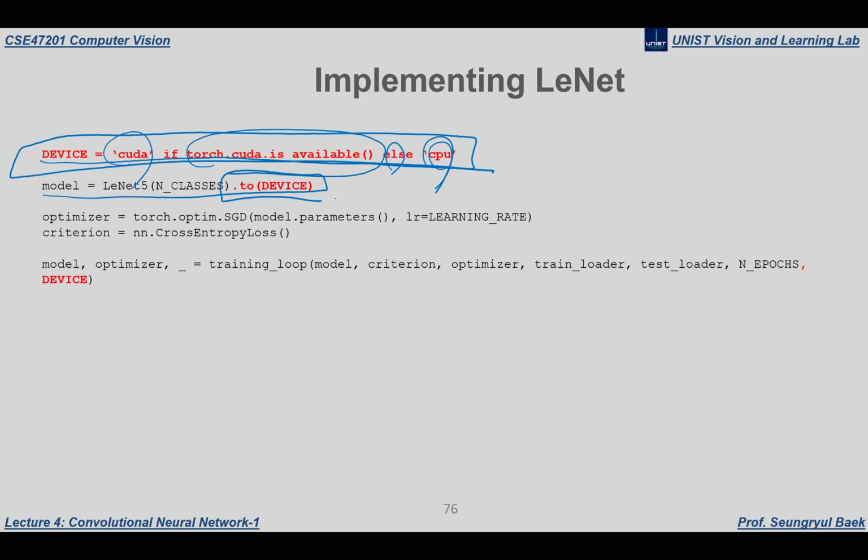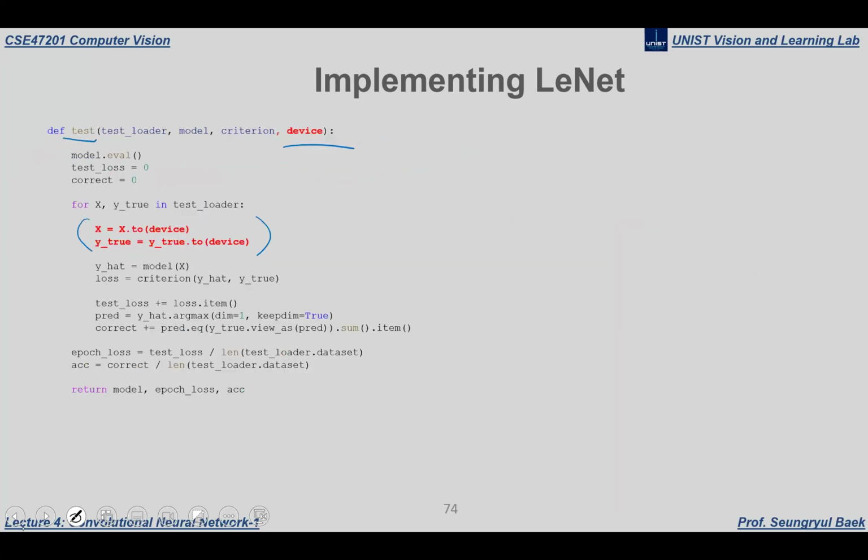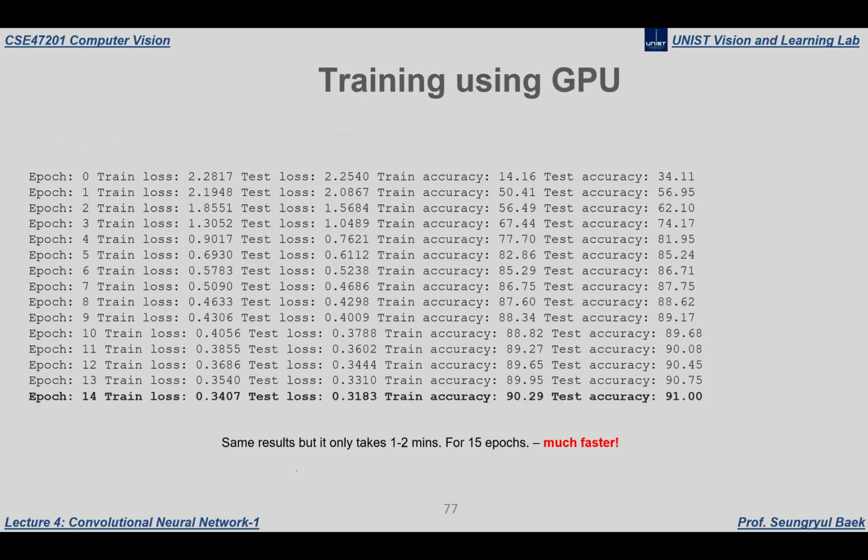You are transmitting this device to the sub module, and in that sub module, as we saw, they are copying XY data to the GPU. You have to do this, and the functionality is the same, but it becomes faster. So this is the way to use the GPUs.